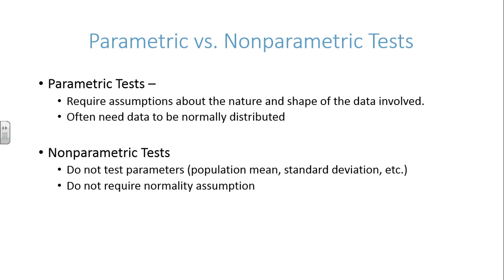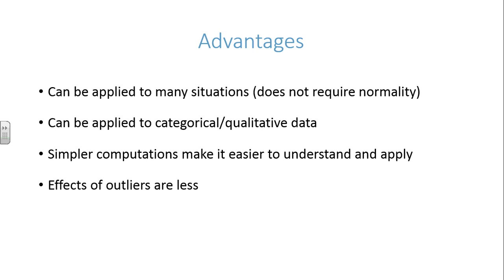These are called nonparametric tests because they do not test parameters such as mu, the population mean, or sigma, the standard deviation, or p, the population proportion, and they do not require normality assumptions. So some of the advantages of nonparametric tests are they can be applied to many situations when the population we're looking at does not meet normality.